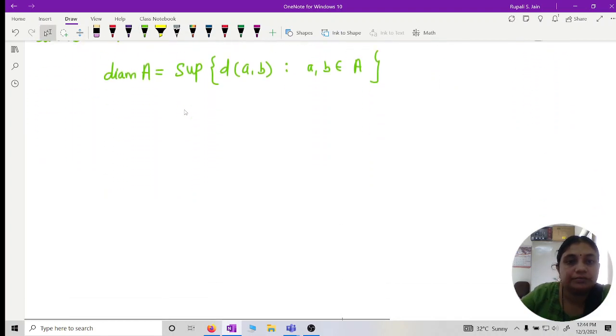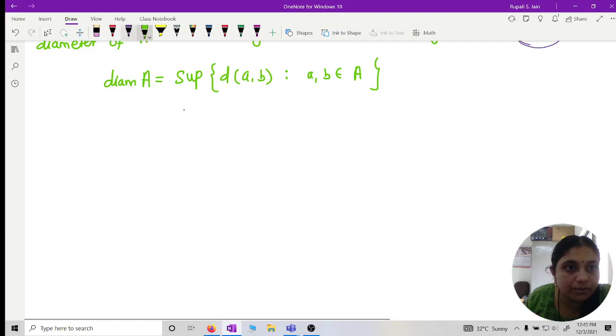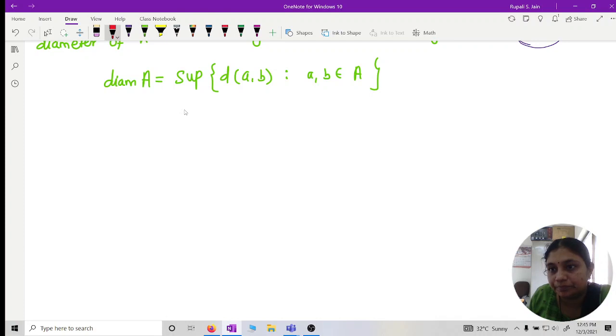Now we have defined bounded set as well as diameter of A. So from this we can prove a theorem.